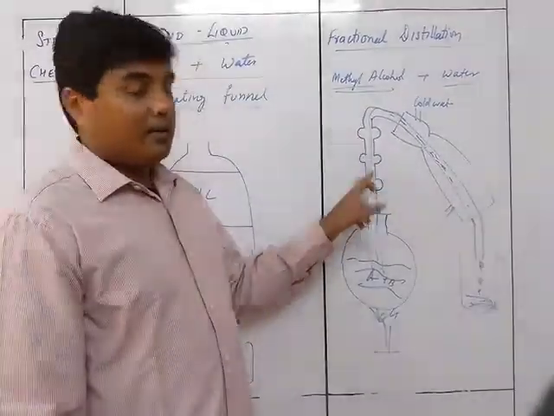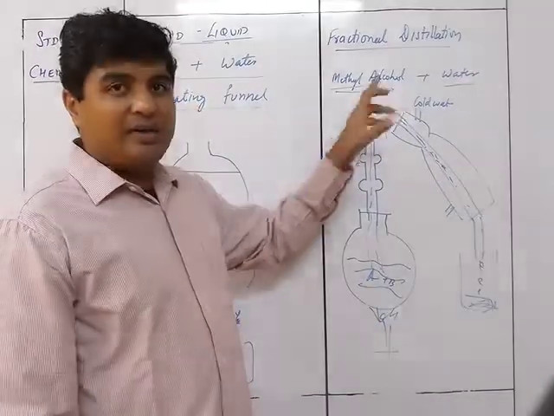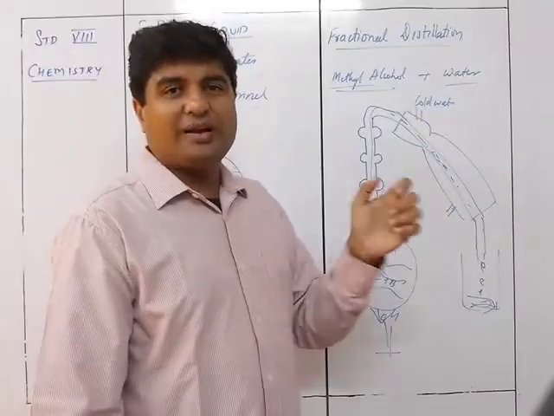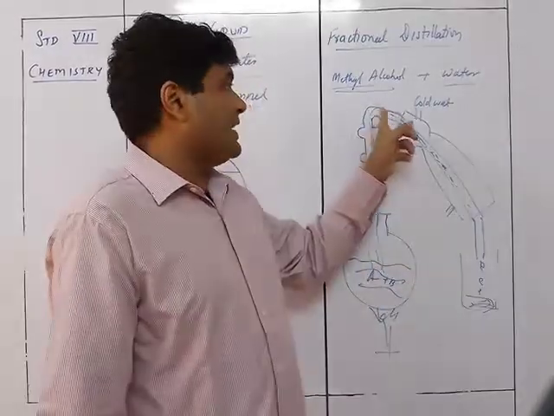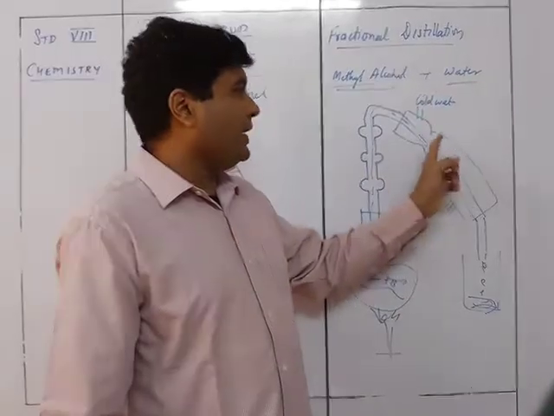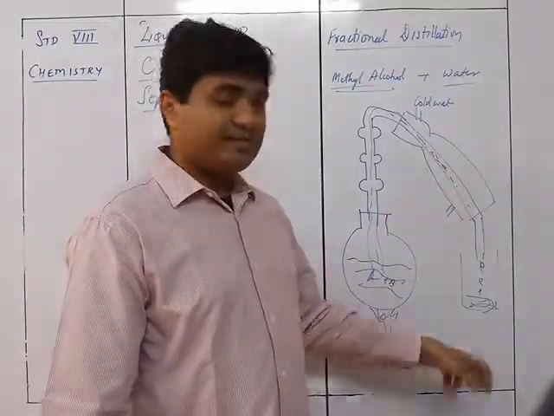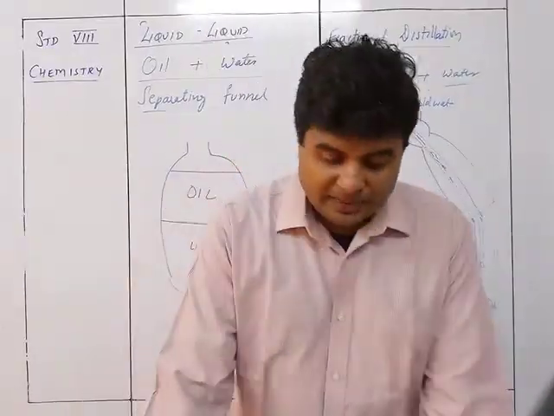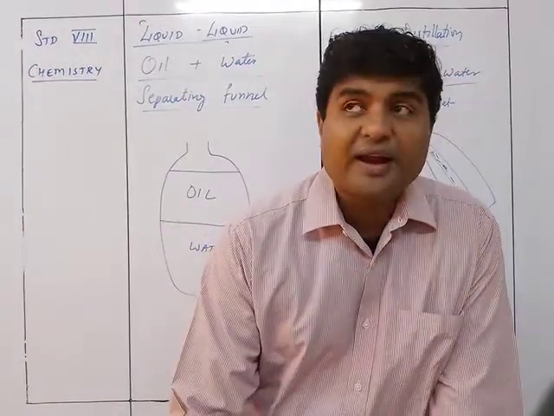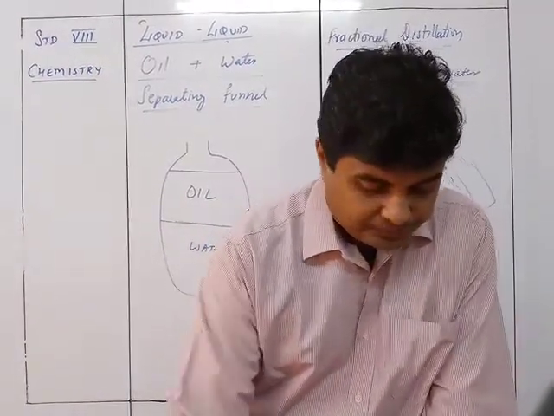Whereas the 80 degree one, methyl alcohol, has full kinetic energy and will go further up, and then you are cooling it by the cooling water and condensing it to give you the required methyl alcohol. So this is nothing but fractional distillation.